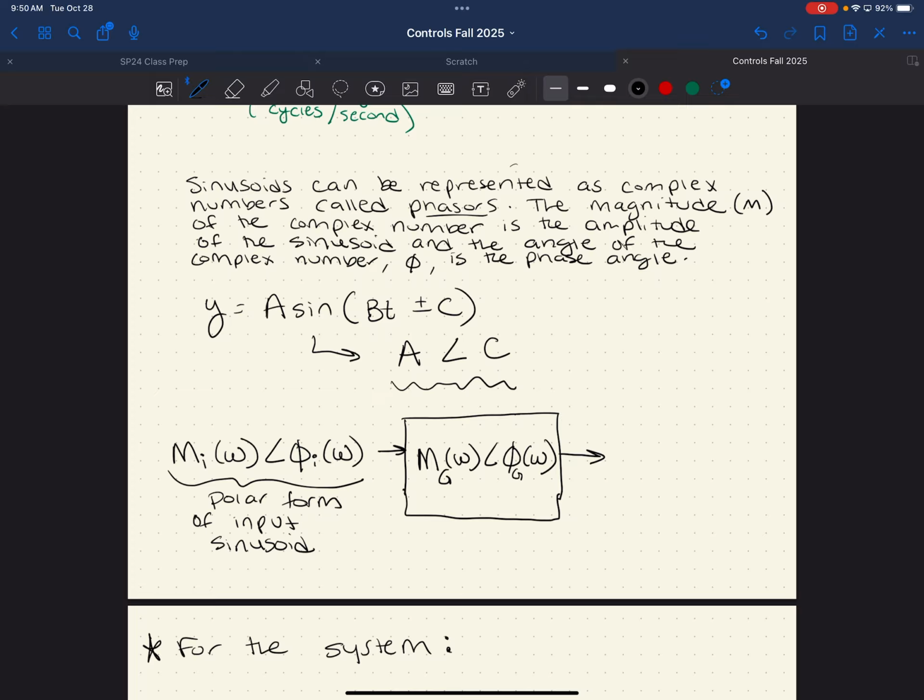And my output will be some magnitude output(omega) angle output(omega), where this is the polar form of the output sinusoid.